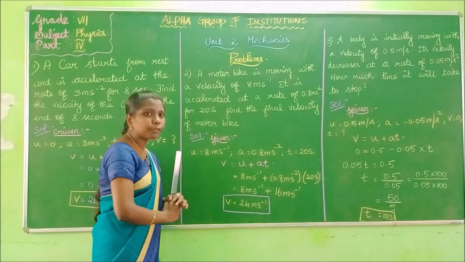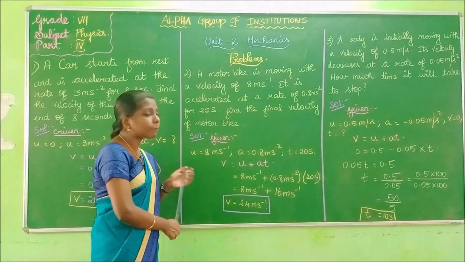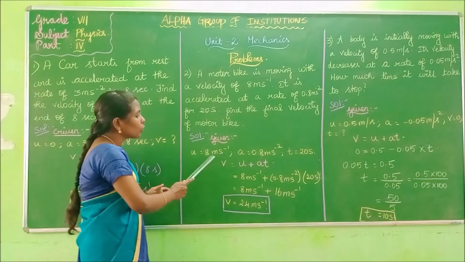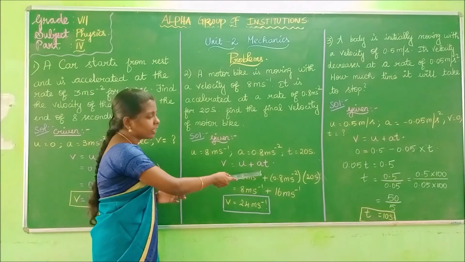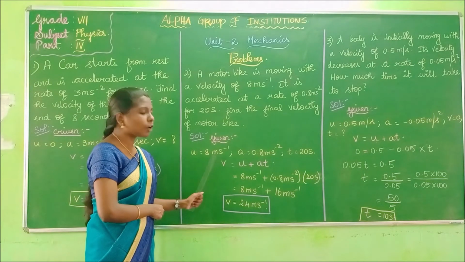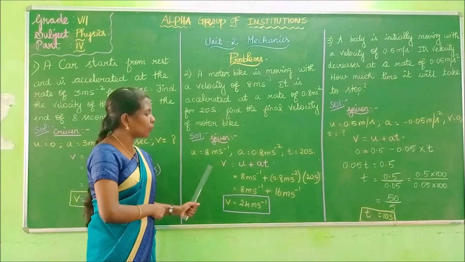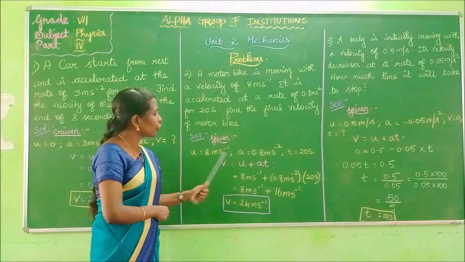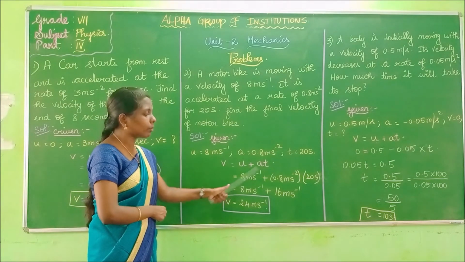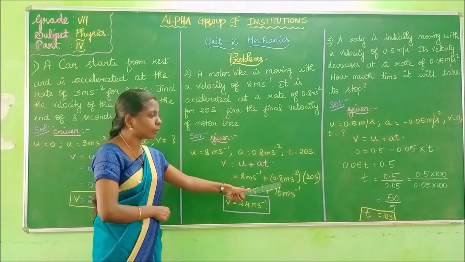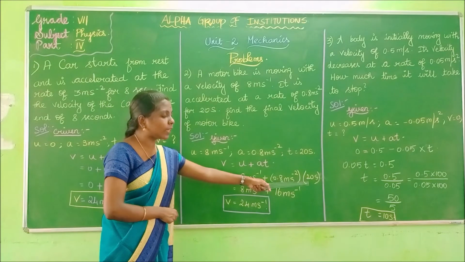What is the formula that we use to calculate final velocity? v is equal to u plus at. The u value is 8 m/s, the a value is 0.8 m/s², and t is 20 seconds.